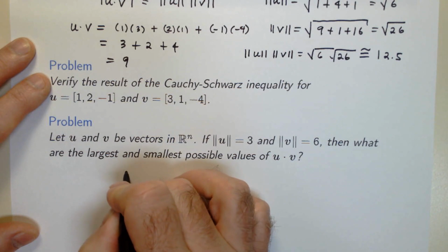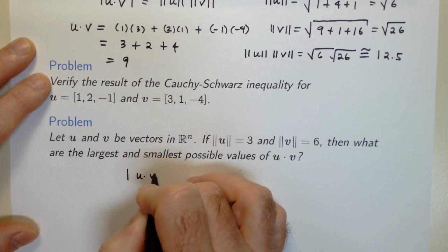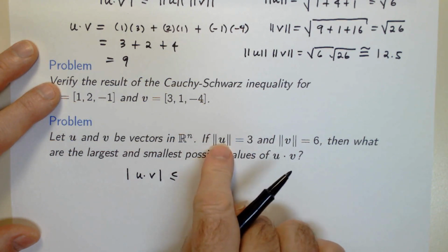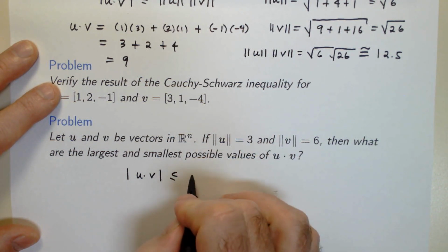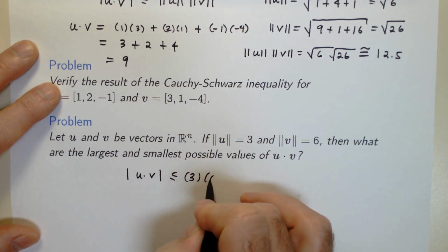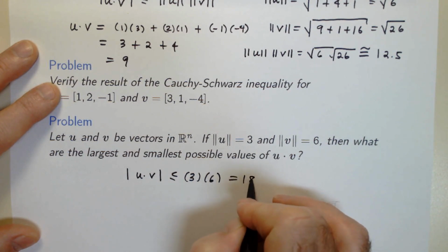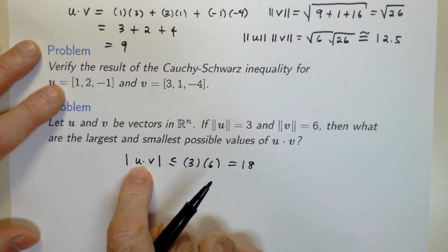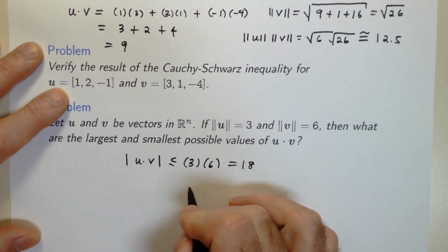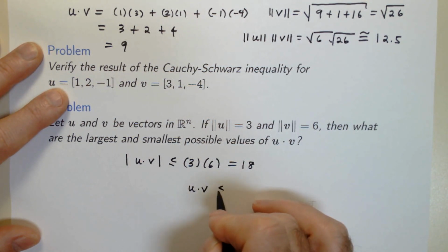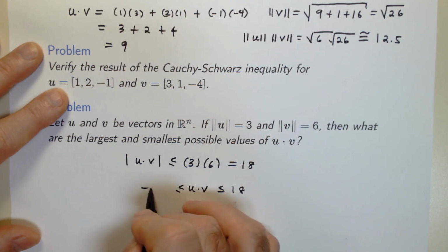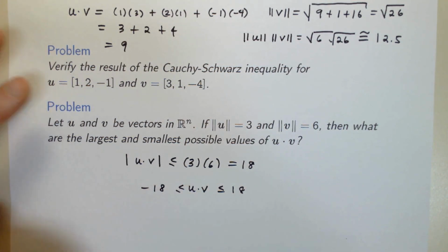It says in absolute value, u dot v cannot be bigger than the length of u times the length of v. So it can't be any bigger than 3 times 6 or 18. So if this is the absolute value of u dot v, that says that u dot v itself would be between 18 and -18.